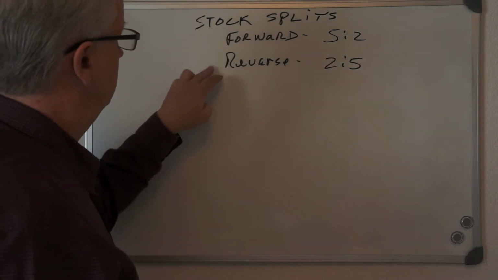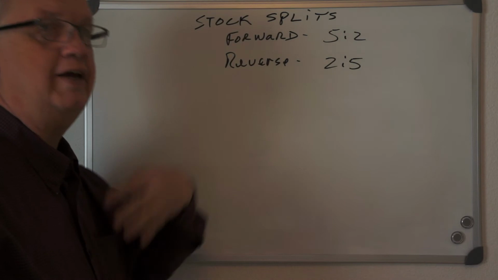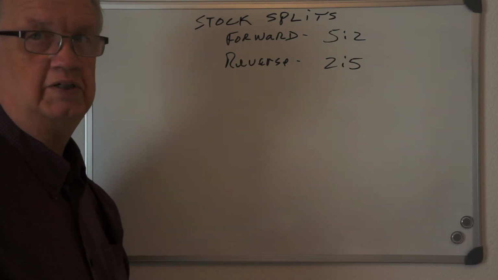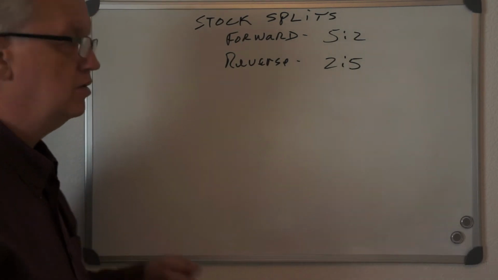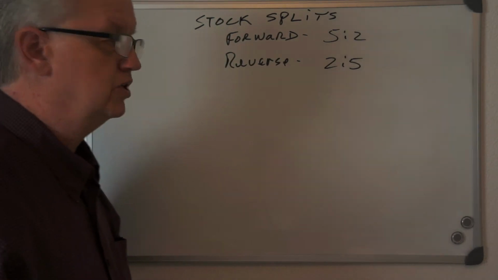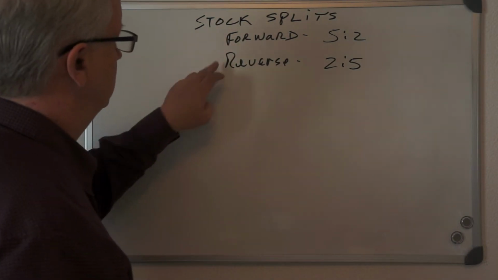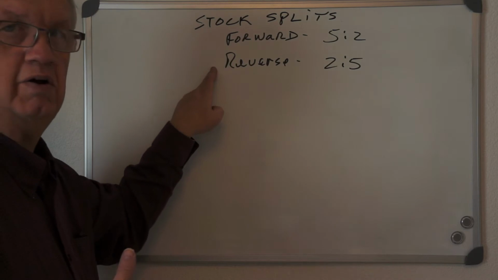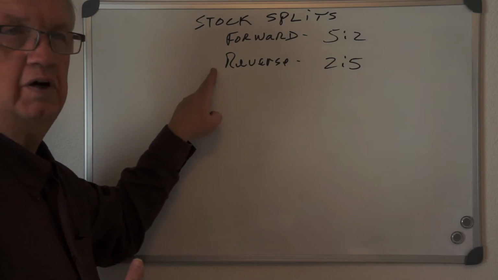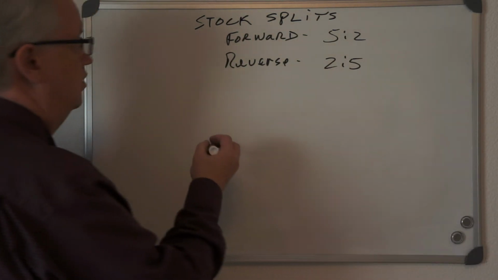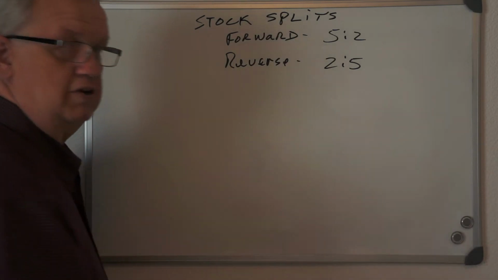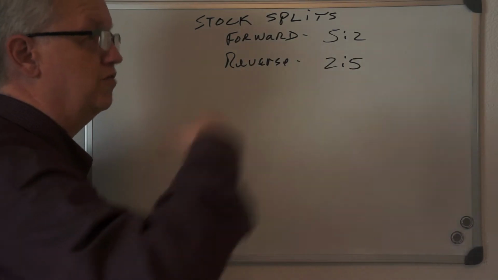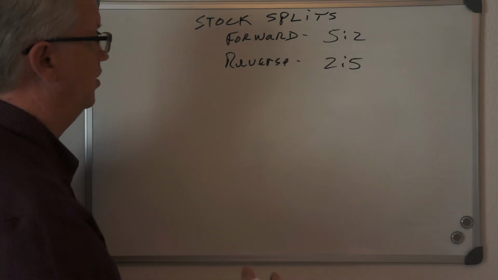So here, in the reverse split, they're trying to increase the price in the marketplace. They're going to flood more shares here, but they're going to take away shares here in the reverse. So, you just turn in your shares and you get a new certificate with fewer shares, but the dollar value in the marketplace is going to be much higher.